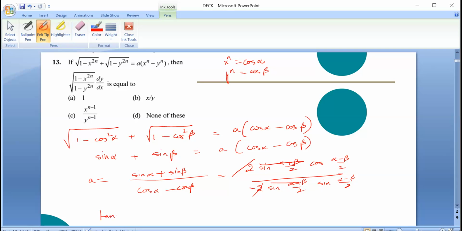So we have tan of alpha minus beta by 2 as minus 1 by 3.